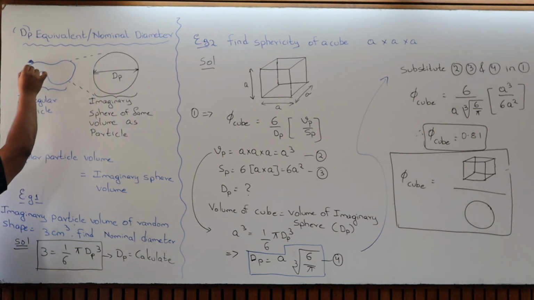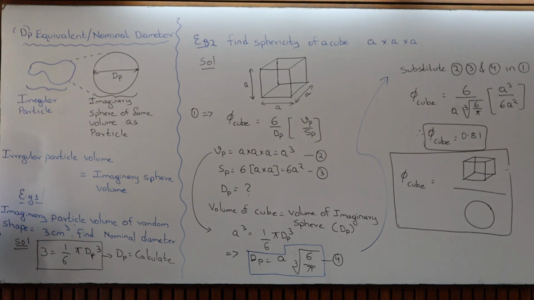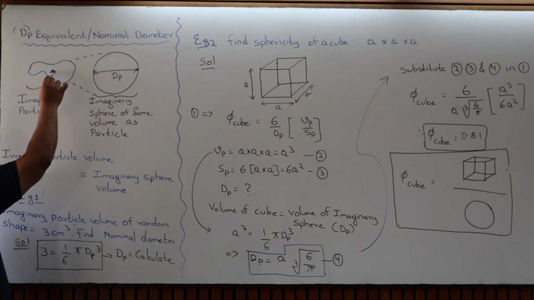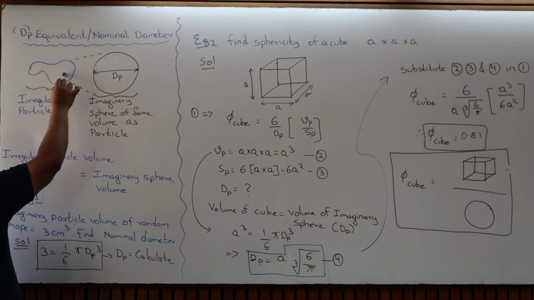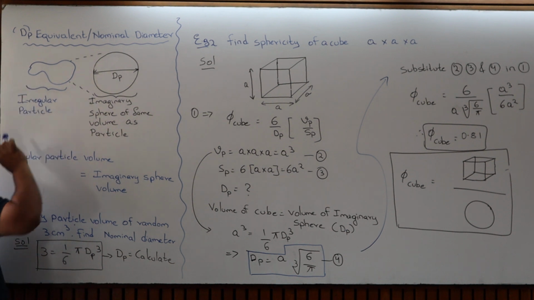Imagine this is the random shape of the particle whose sphericity you wish to measure. It will occupy some volume, right? Any particle will have some volume. Construct a sphere of the same volume as the particle.